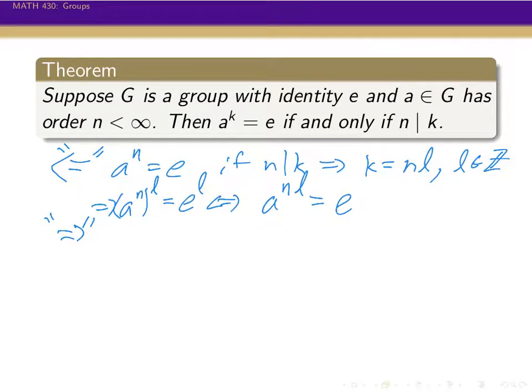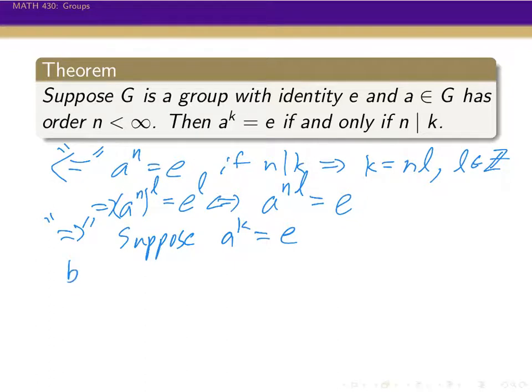For the forward direction, let's suppose a to the k is the identity. That's what we're given. n is a positive number, and so we're going to divide k by n.